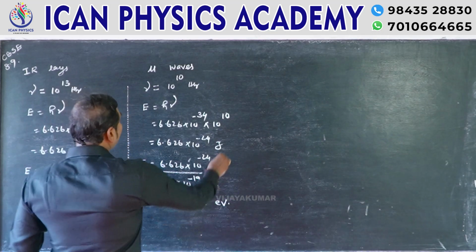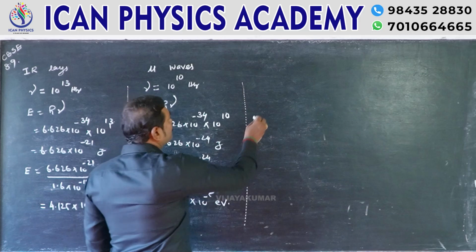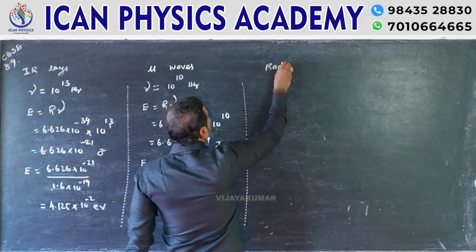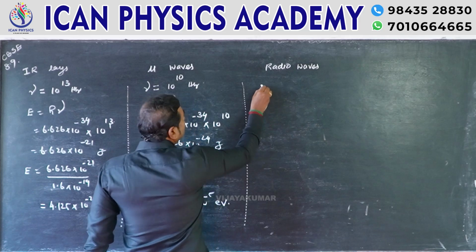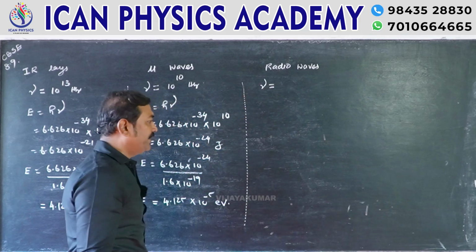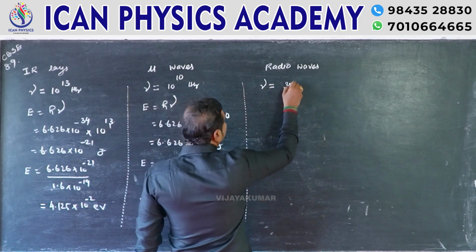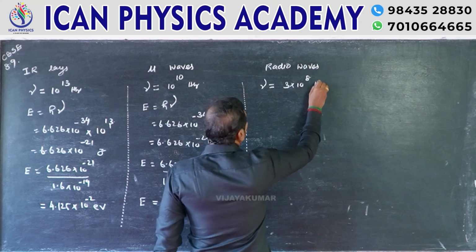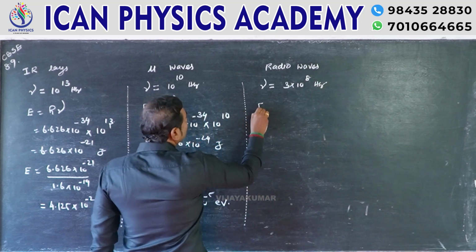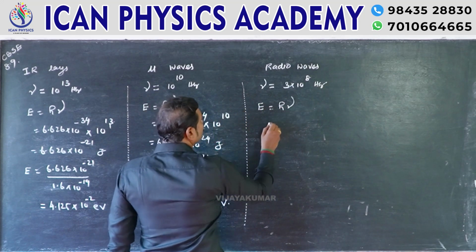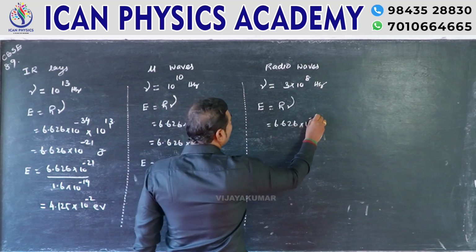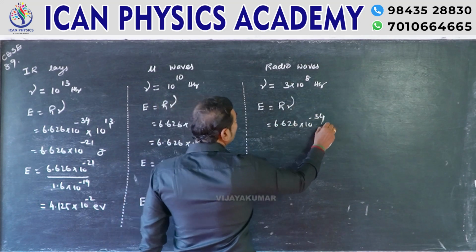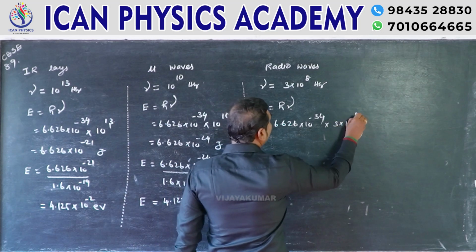Okay. So the final one is radio waves. So the frequency of radio waves is 3 into 10 to the power 8 hertz. So E equal to h mu. So what is h? 6.626 into 10 to the power minus 34 into mu, so 3 into 10 to the power 8.